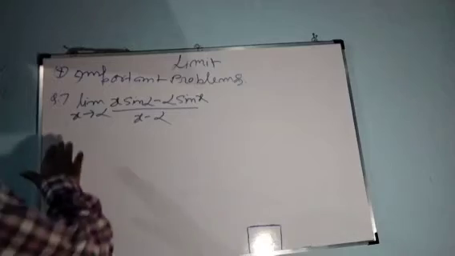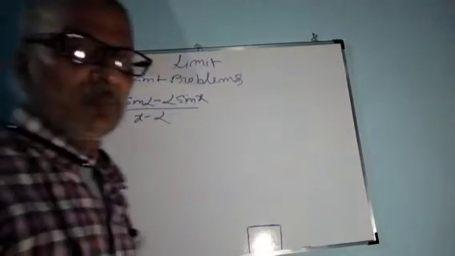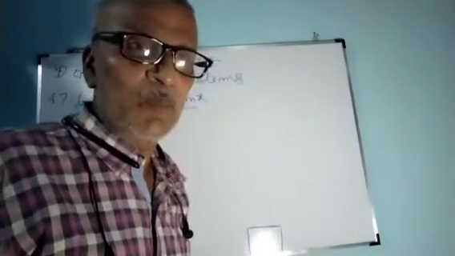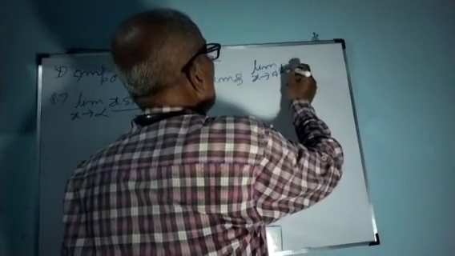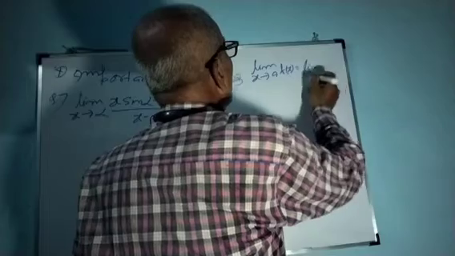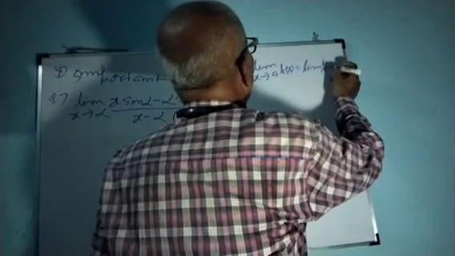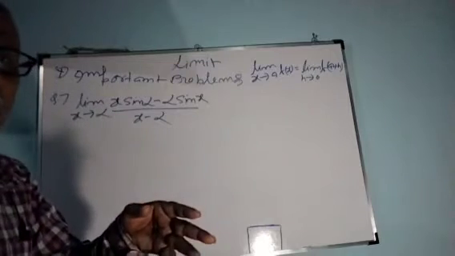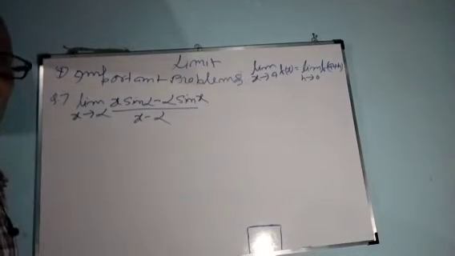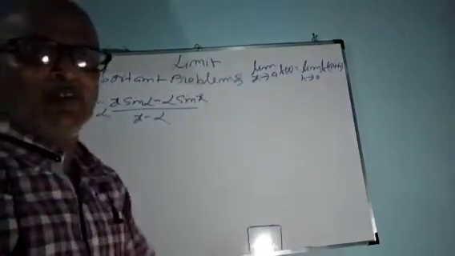But alpha is not 0, so in this case we use the formula: limit x tends to a, f(x) is equal to limit h tends to 0, f(a plus h).